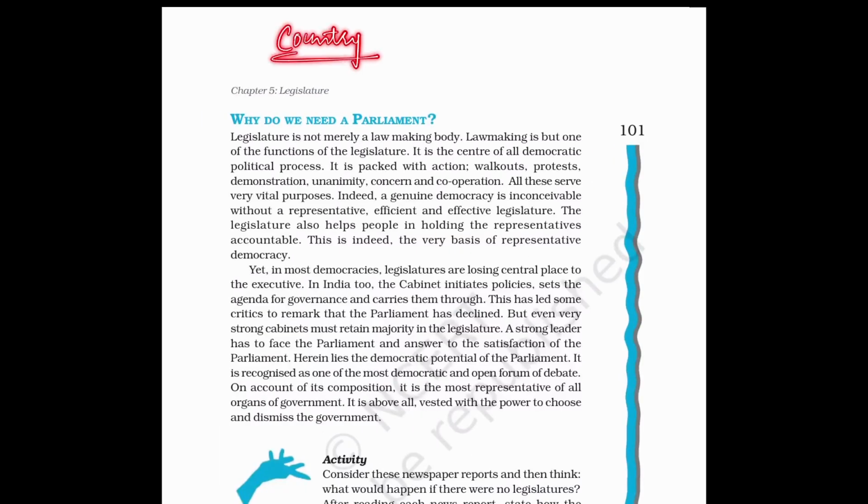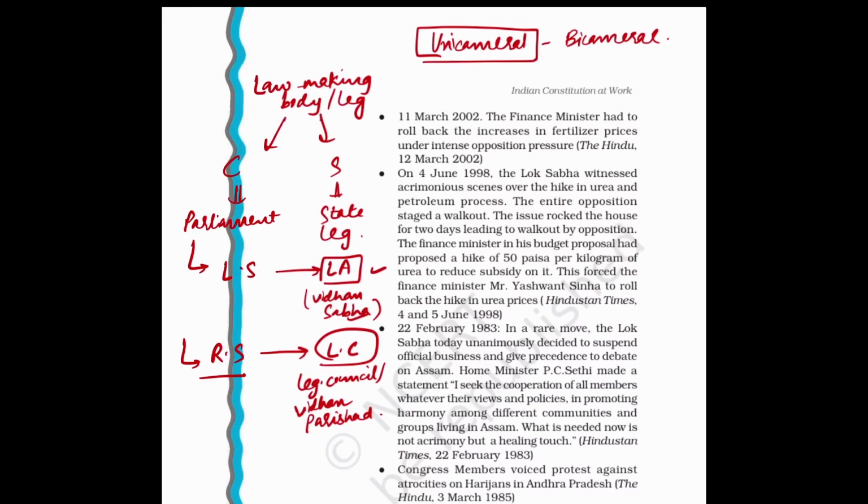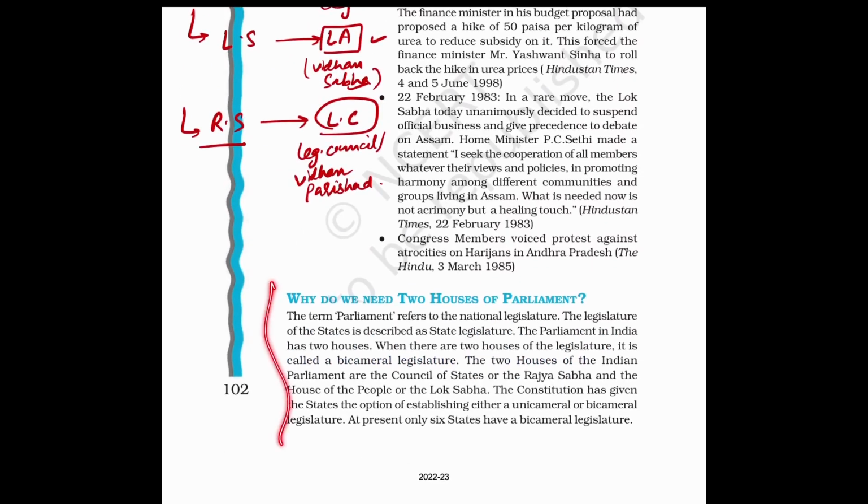In the case of the center we are saying country, and the same goes for the state, whatever elections are happening. So in the country's sense, you know there are 543 constituencies. In the case of a state, it will depend from state to state because it is based on population. From each constituency one person is elected, one representative is elected, and one representative means one vote or one seat that is counted. This is the basic of legislature. Now let's see this firstly.